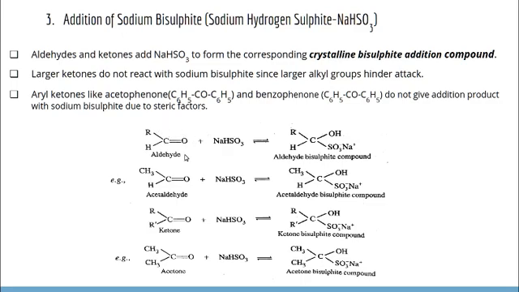Here we have the examples. An aldehyde on addition with sodium bisulfite gives an aldehyde bisulfite compound. For example, acetaldehyde on addition with sodium bisulfite gives the acetaldehyde bisulfite compound. A ketone on addition with sodium bisulfite gives a ketone bisulfite compound. For example, acetone gives acetone bisulfite.